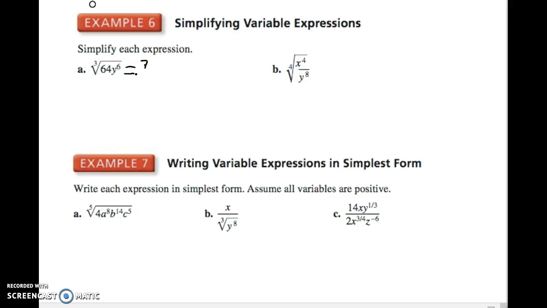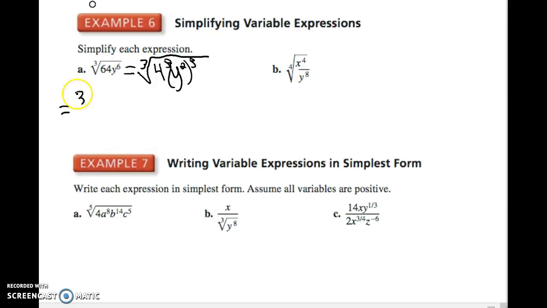So what number, how can I write 64 to the 3rd power? We can write 4 to the 3rd, and y to the 6th we can write as y squared to the 3rd power, because 3 times 2 is 6.